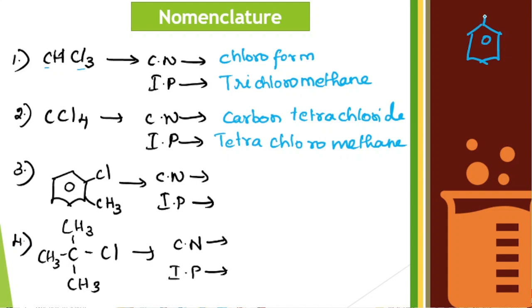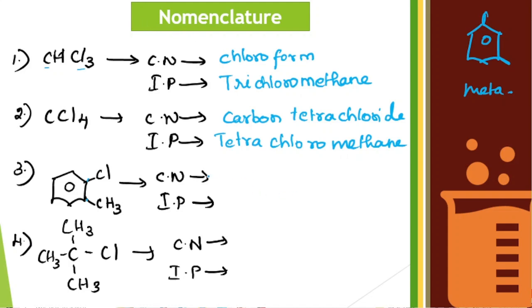Anything attached in this position is the meta position. So you have to be very clear with these positions. Clear? Now it is attached in this position and this position. That means it is in the ortho position.